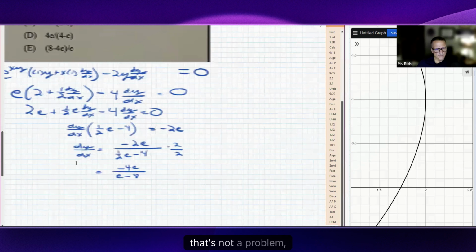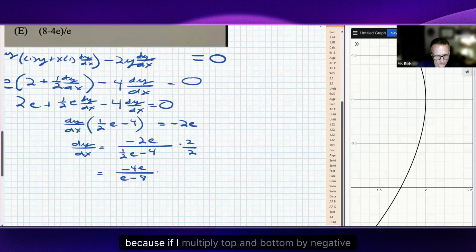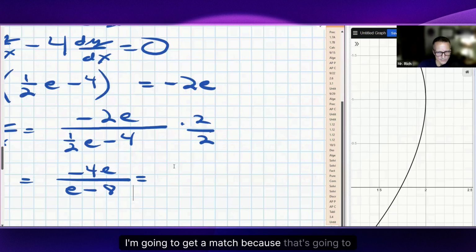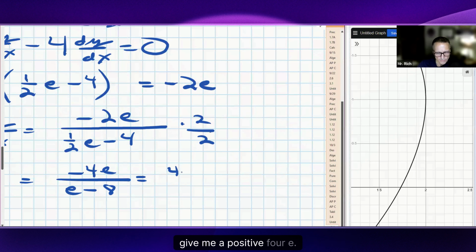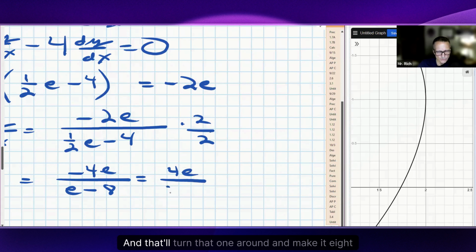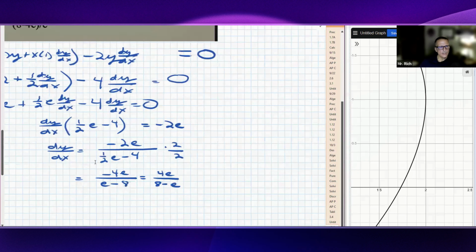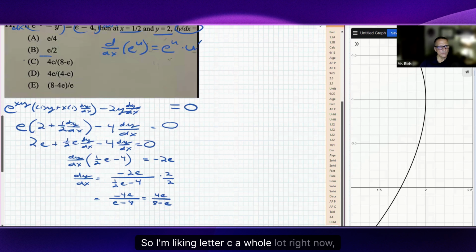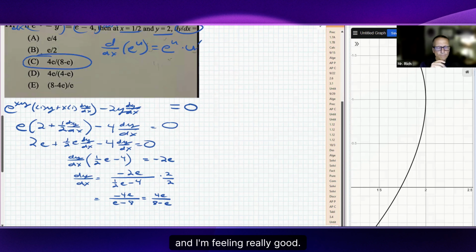Well, sure, that's not a problem, because if I multiply top and bottom by -1, I'm going to get a match, because that's going to give me a positive 4e, and that'll turn that one around and make it 8 minus e. I multiplied top and bottom by -1. And so there you go. So I'm liking letter C a whole lot right now, and I'm feeling really good.